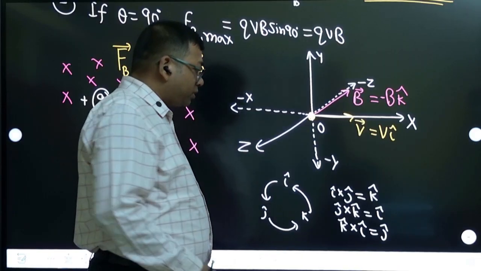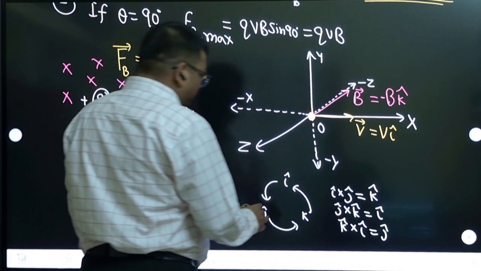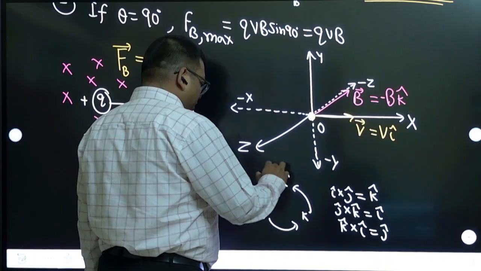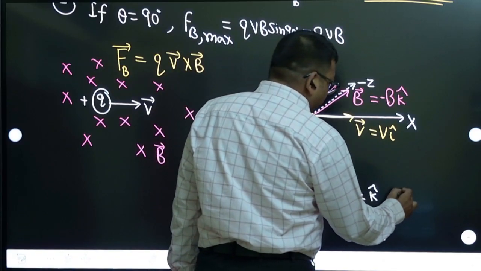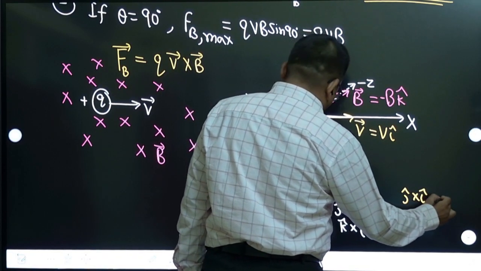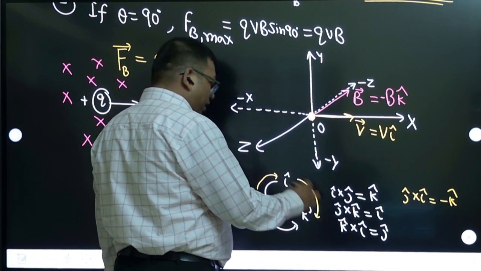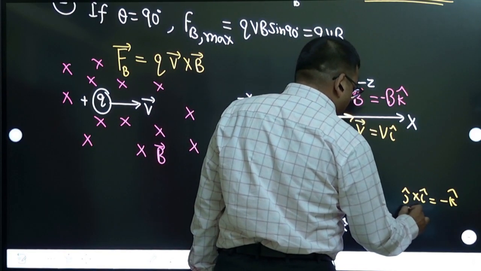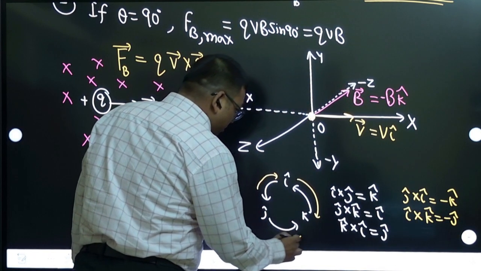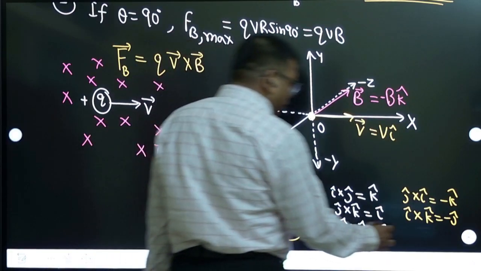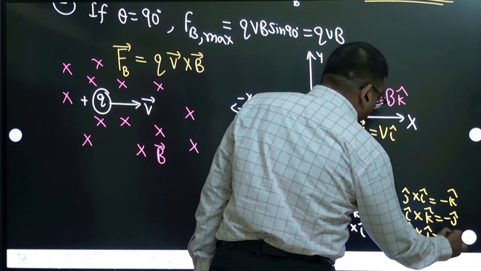But if you go in the opposite direction, you will get a negative. For example, if I go clockwise, then j cross i will give minus k. Similarly, i cross k will give minus j, and k cross j will give minus i.